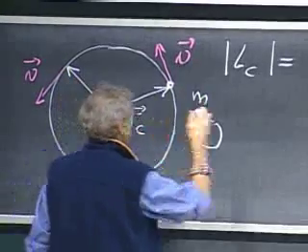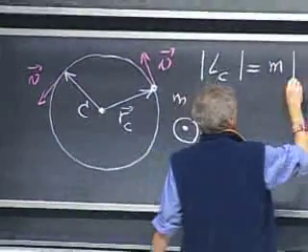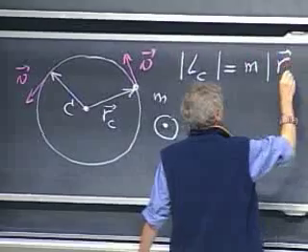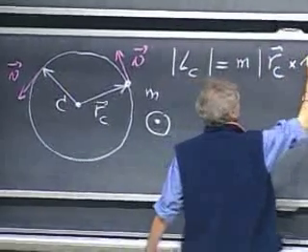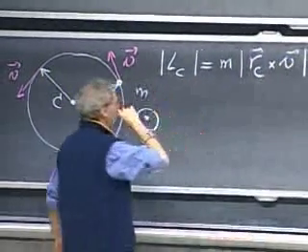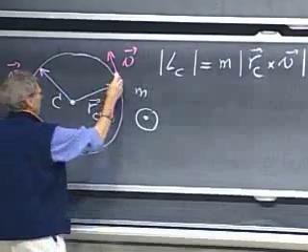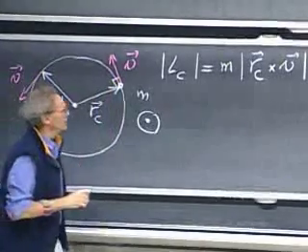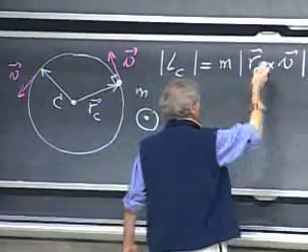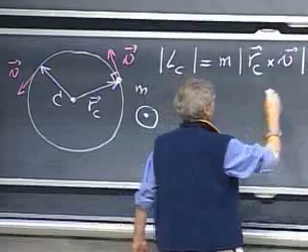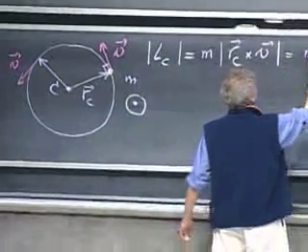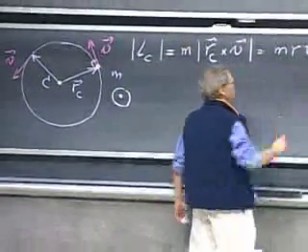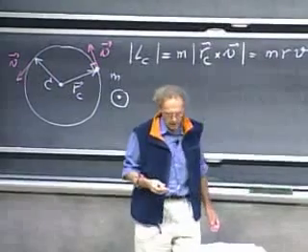So the magnitude is the mass of the Earth times the magnitude of the cross product between these two vectors. And notice the angle is 90 degrees, so I can forget about the cross. The sine of theta is 1, and so I simply get mRv, v now being the speed.